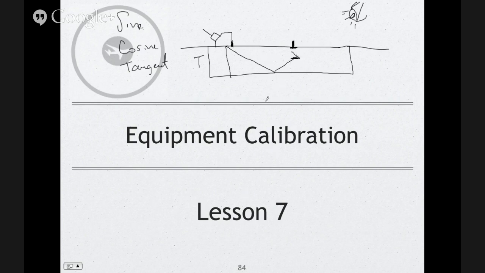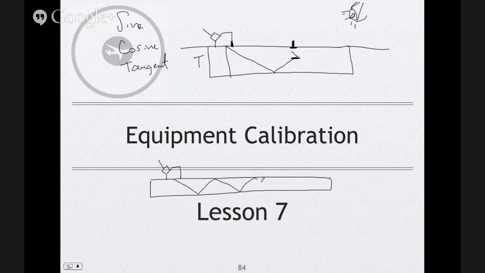Or in the worst case, we're also going to learn, if your defect is here, how do we know how far it is from here to here, and how deep it is from the top surface to the bottom surface?